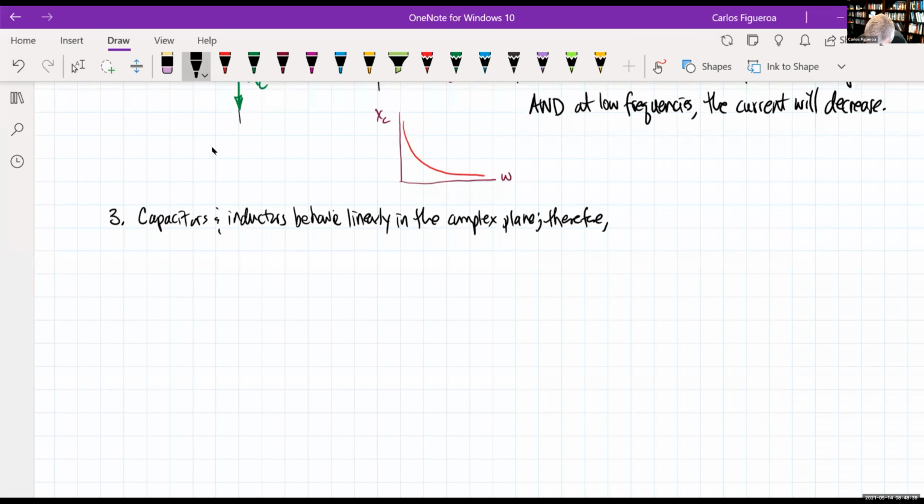Therefore, we treat them as good old resistors. So no more differential equations as before.